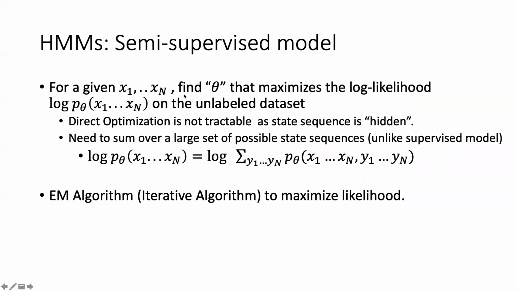Direct optimization is not possible as the state sequence is hidden, which needs to be summed over all possible state sequences. So in order to address this problem, we use the EM approach to iteratively estimate the parameters which maximize the likelihood of the data.